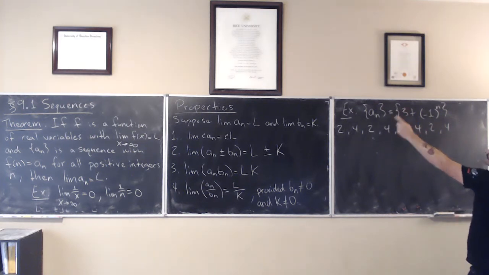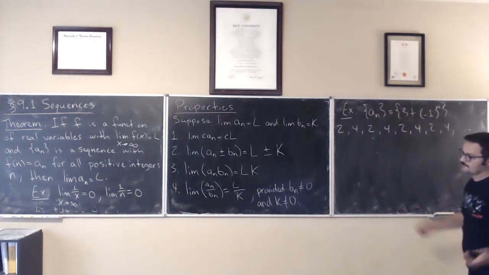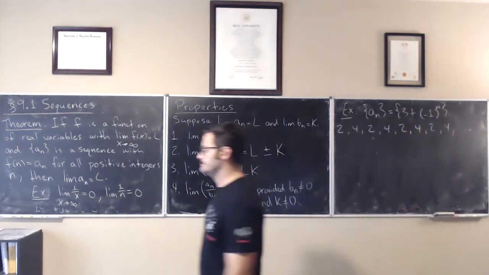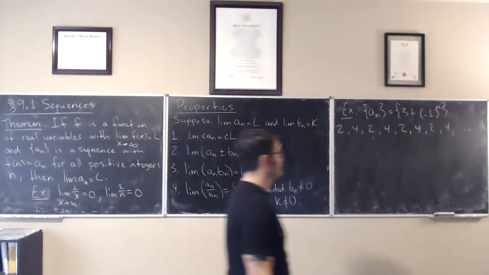Add 1, subtract 1, add 1, subtract. So when n is even, it's going to be 4. When n is odd, it's going to be 2. This alternates between 2 and 4 forever, so that's not going to converge to anything. Right?